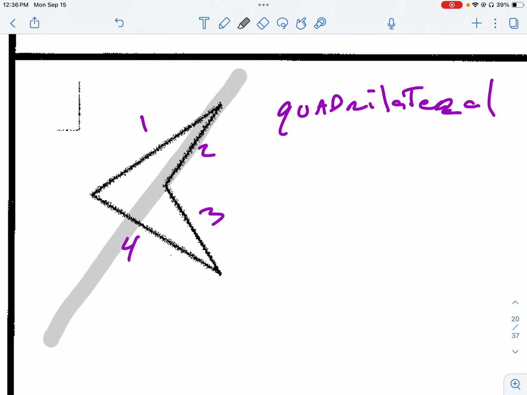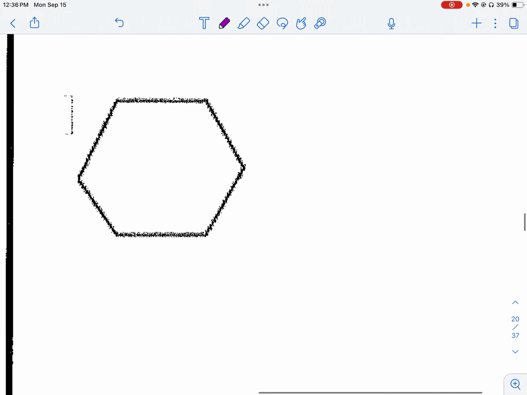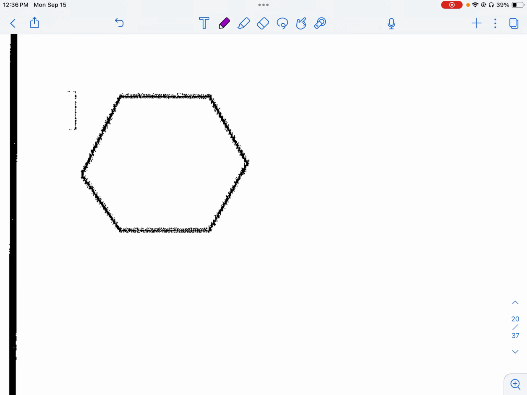And if we can extend a side inside, which we can, it is concave. So why don't you, as we do all these other ones, pause the video as we reach it, name it, classify it, and then start the video to see how you did.